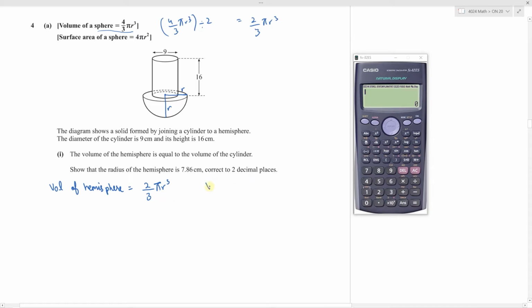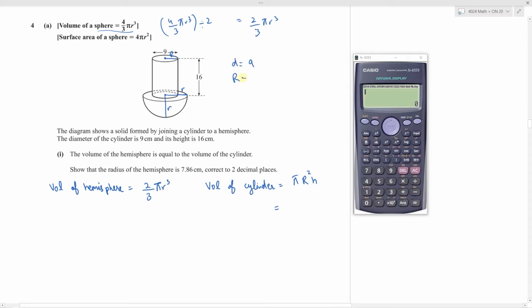And then we have to calculate the volume of cylinder, and the formula for that is pi r square h. Let's call this radius capital R. So now what's the radius of the cylinder? Your diameter is 9.